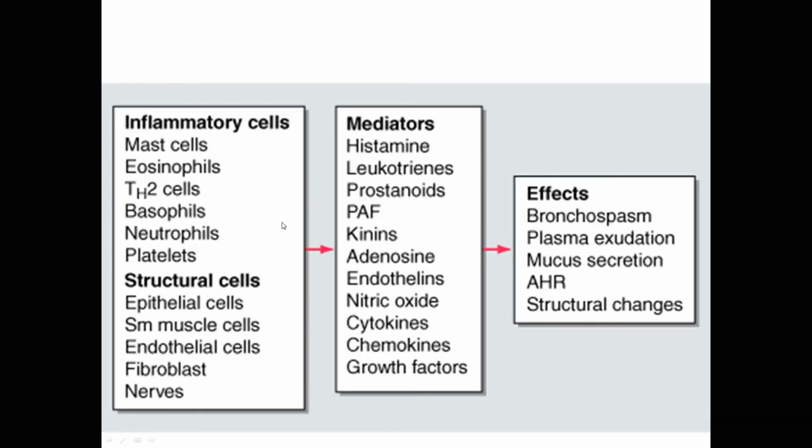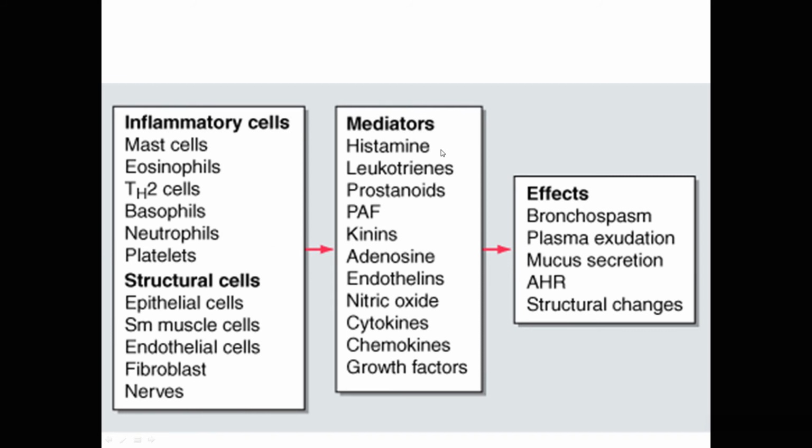This slide summarizes with more details the cells participating in the asthma attack, mainly mast cells and eosinophils, but also other cells and also structural cells, especially epithelial cells and smooth muscle cells.